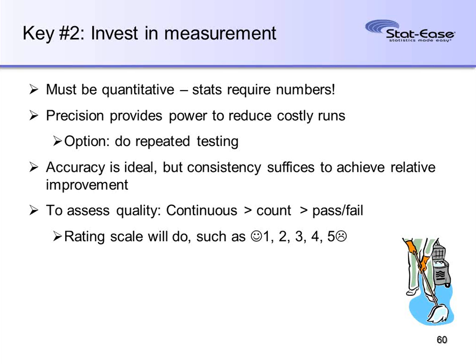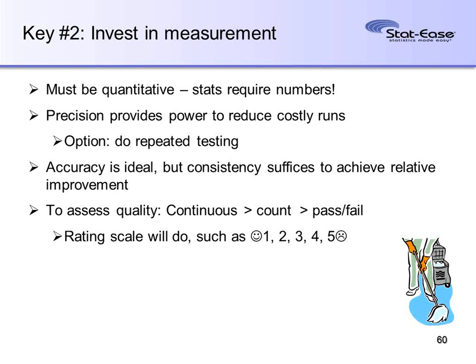Accuracy is great, but as long as you're consistent, then your data collection should be okay. So consistency is even more important. So ideally you have continuous numeric data. That's better than just counting data, and that's even better than pass-fail data.